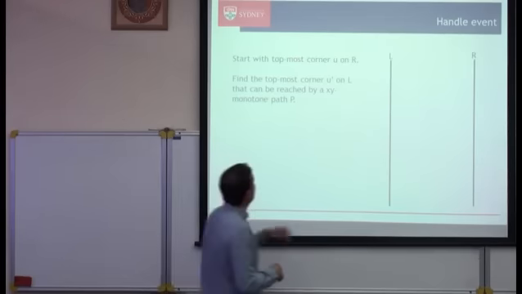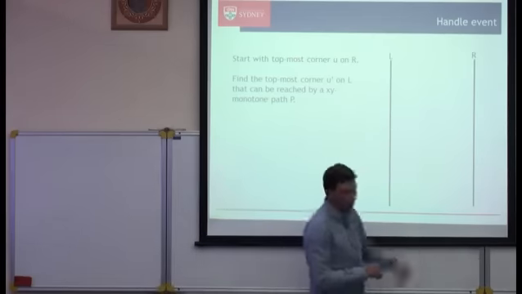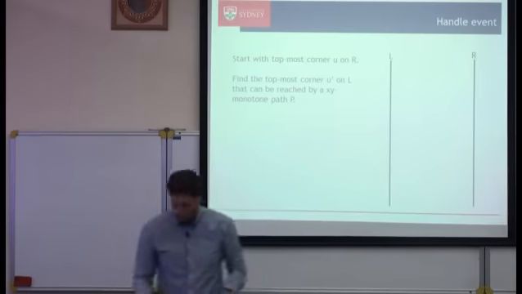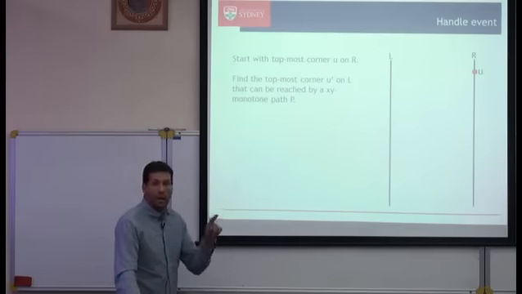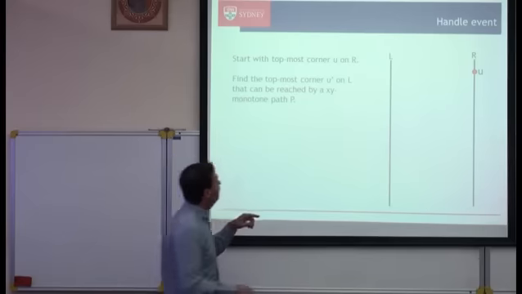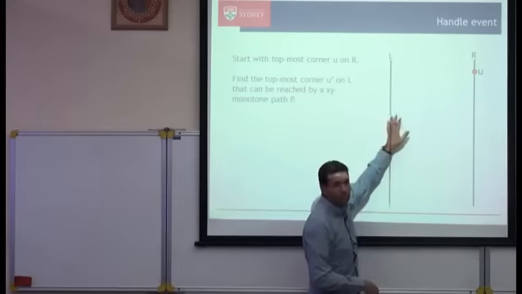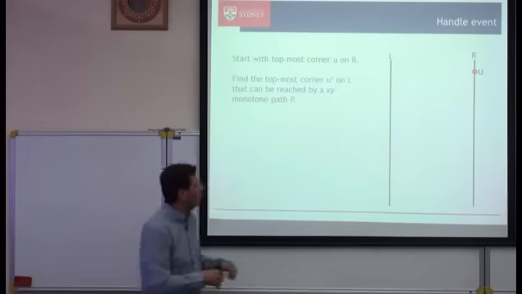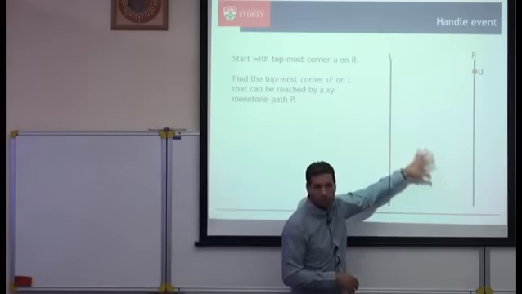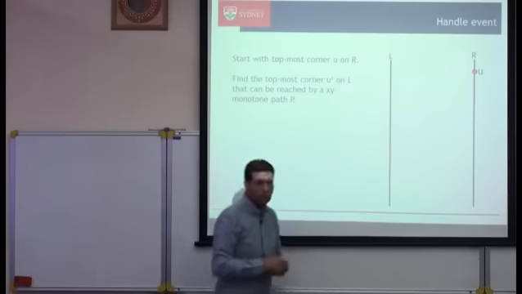Okay, so I will start at the topmost corner of R, and then I find a XY monotone path from U to L. And I can do this in linear time with respect to the size of the network, right? I just do a search.